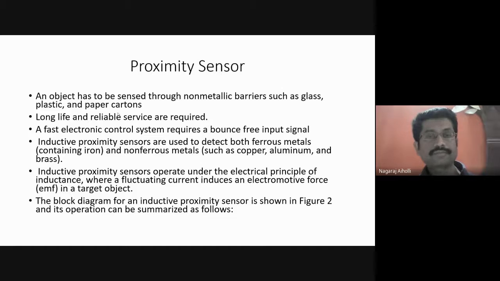It has long life and provides reliable service. Longer life is expected from every sensor, is it not? Because the longer its life expectancy, the higher the reliability it has. We can easily rely upon a sensor which has high life expectancy. If we purchase a sensor which is not functioning after 1 year or so, then we say that it is not reliable.